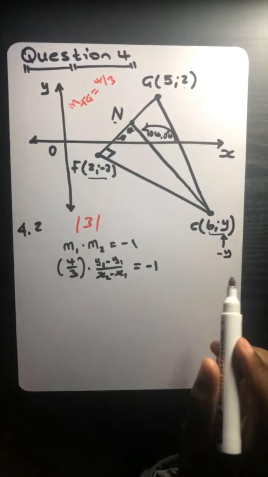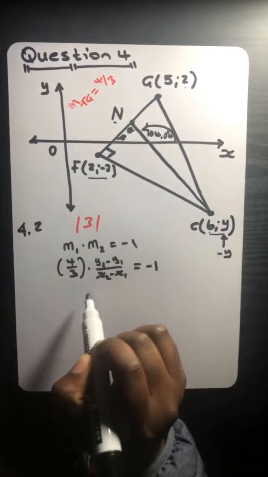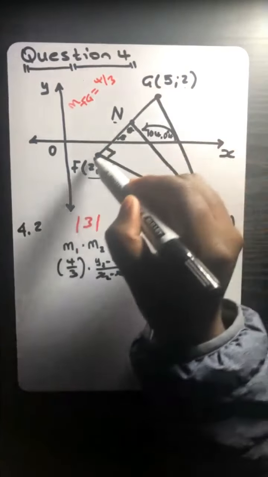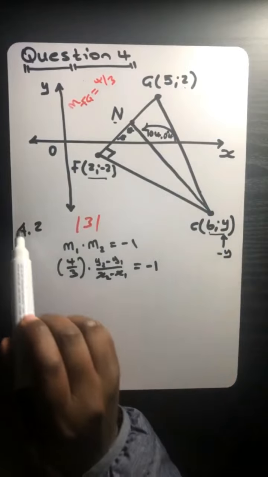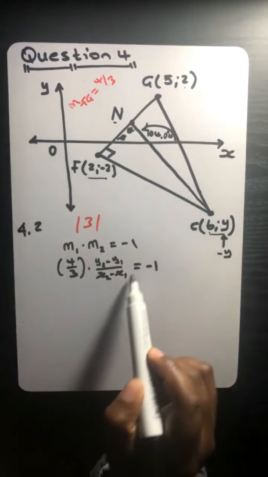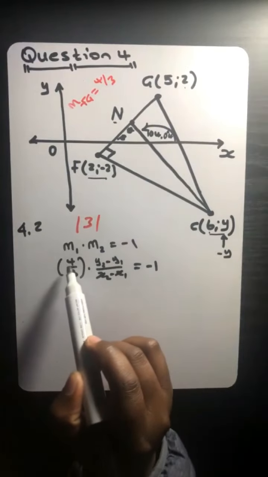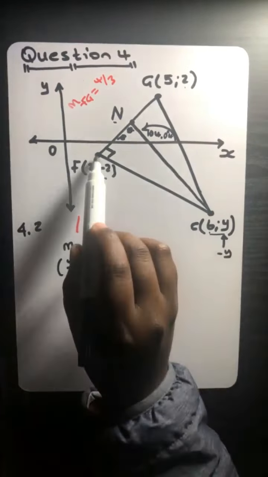So let's see. You don't have to perform that same calculation because you've already calculated it on the previous question. So for those of you who are writing, if you wrote question 4.1, you can see that you have used this formula and you got to this final answer. So now we just need to substitute there using those 2 points.